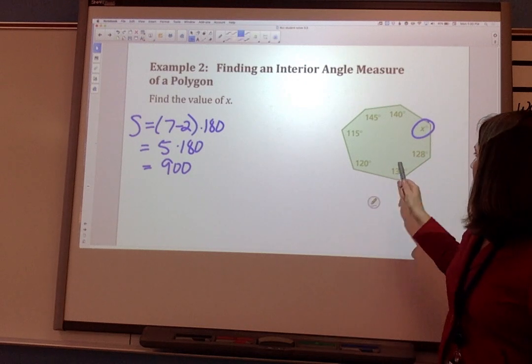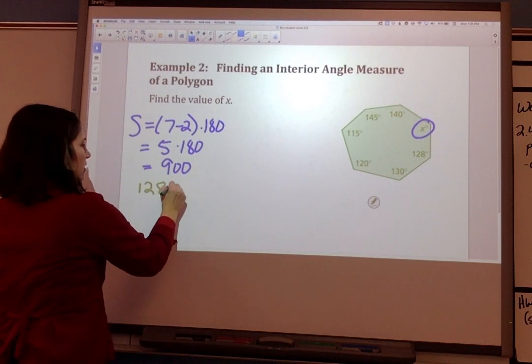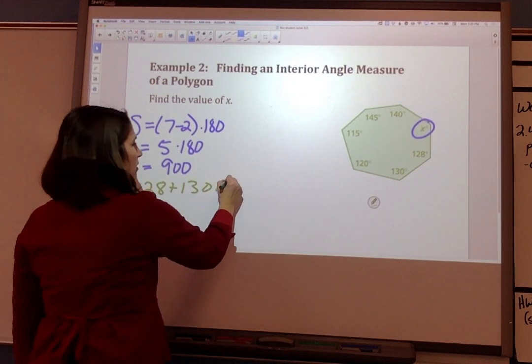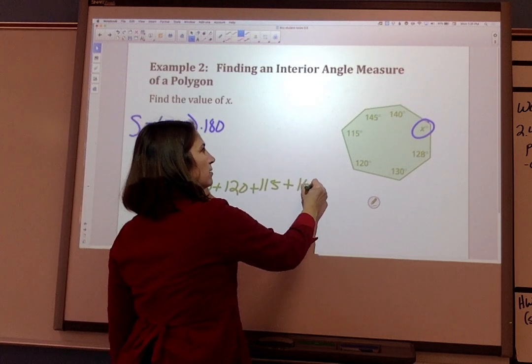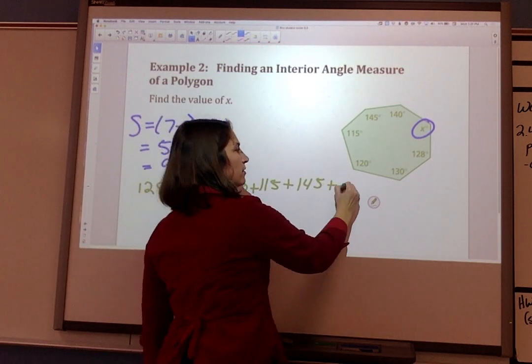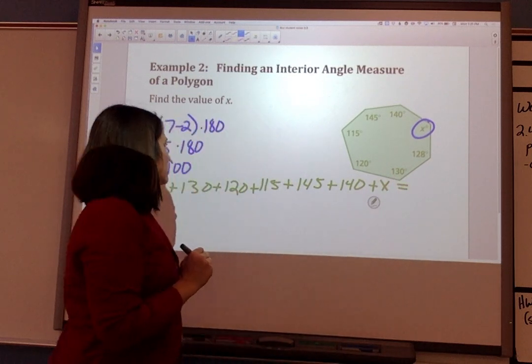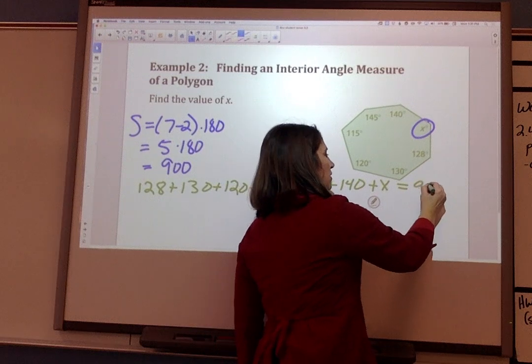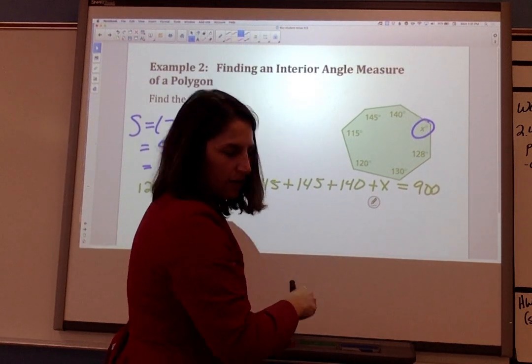So we can go ahead and add up 128 plus 130 plus 120 plus 115 plus 145 plus 140 plus x, and all of those together are going to equal 900. All right, when we add all of those up, we get 778.